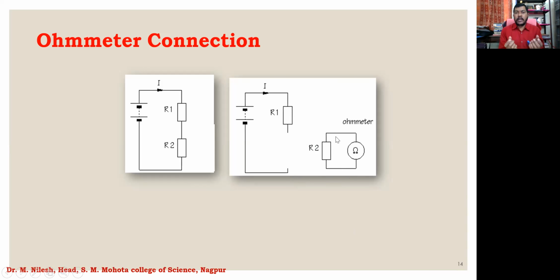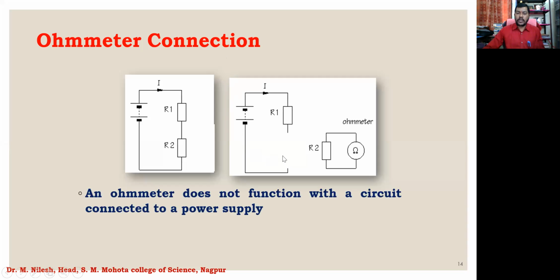Even while putting the probes, don't touch them with your body parts, so that your body resistance will not come in parallel with that resistance and the ohm meter will not show an error in reading. You can have one pin stuck with your resistance, but don't put both hands over there. Whenever you need to measure the resistance, take the resistance out of the circuit, and then only you can measure it, right?